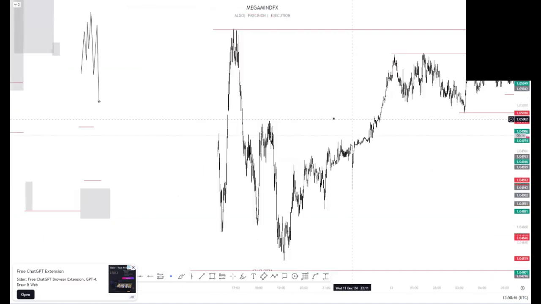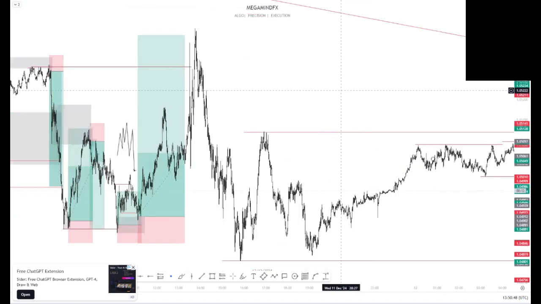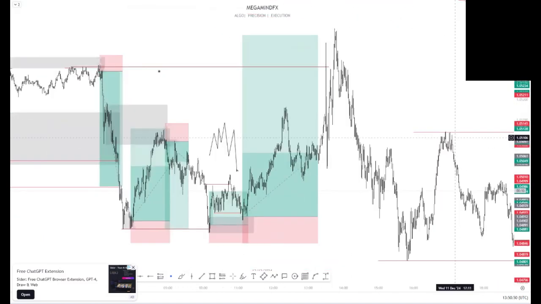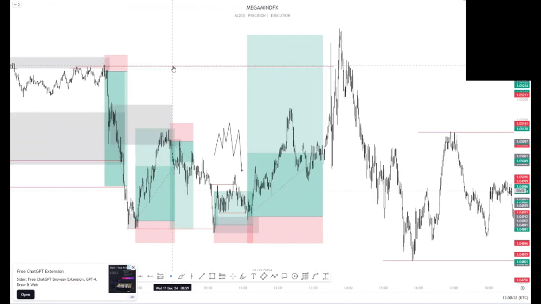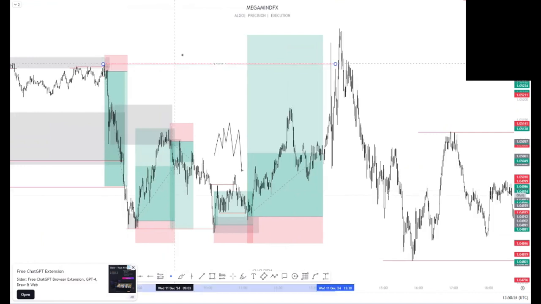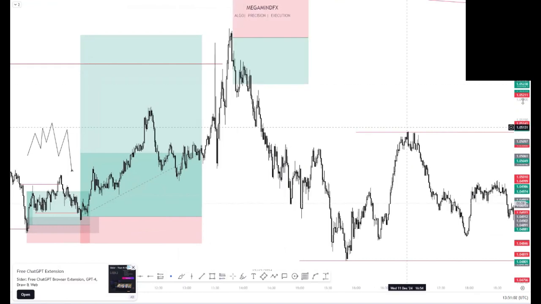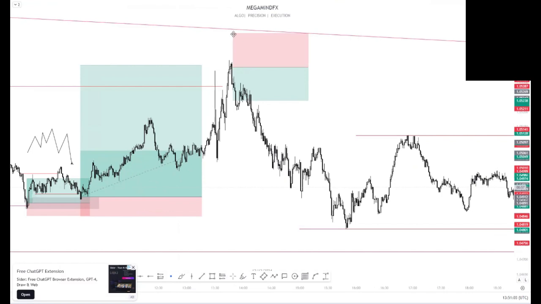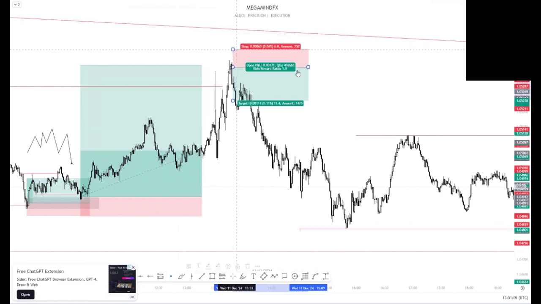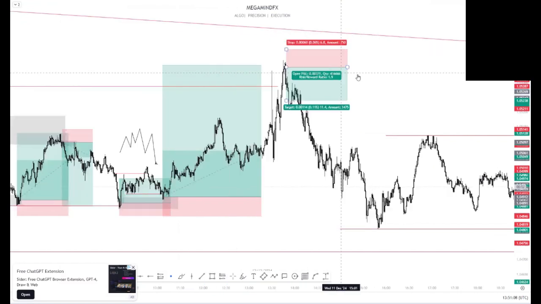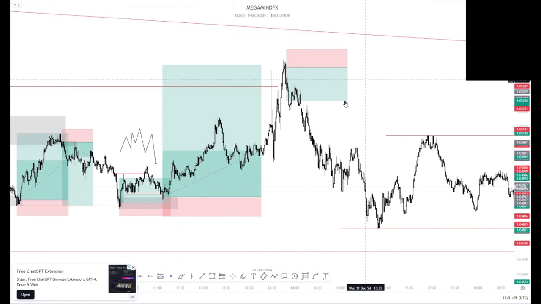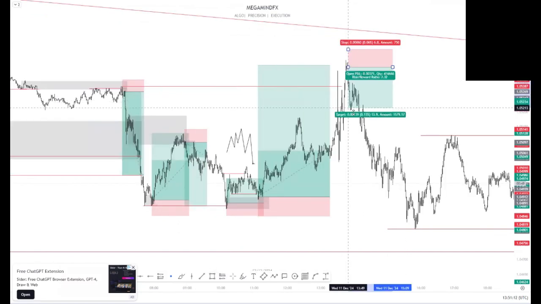Do we have that level? Yes. First, then second inducement. We take that. It's a risk entry, but no problem, brother. You don't wait for a break also.